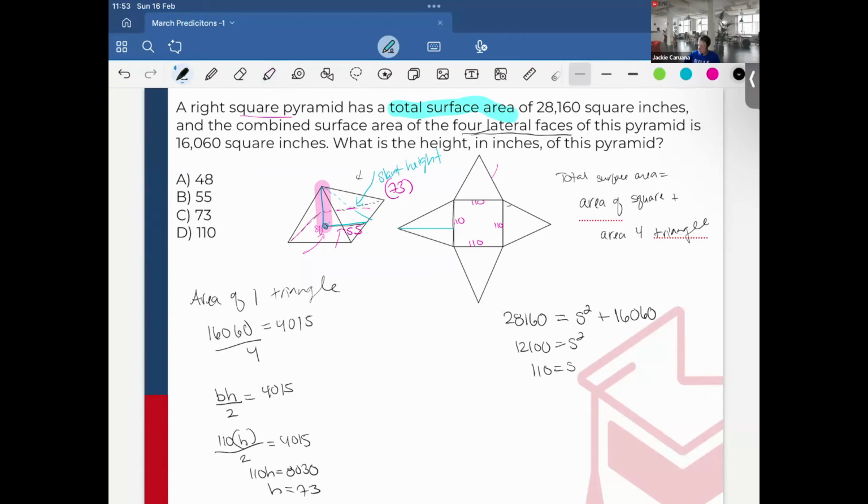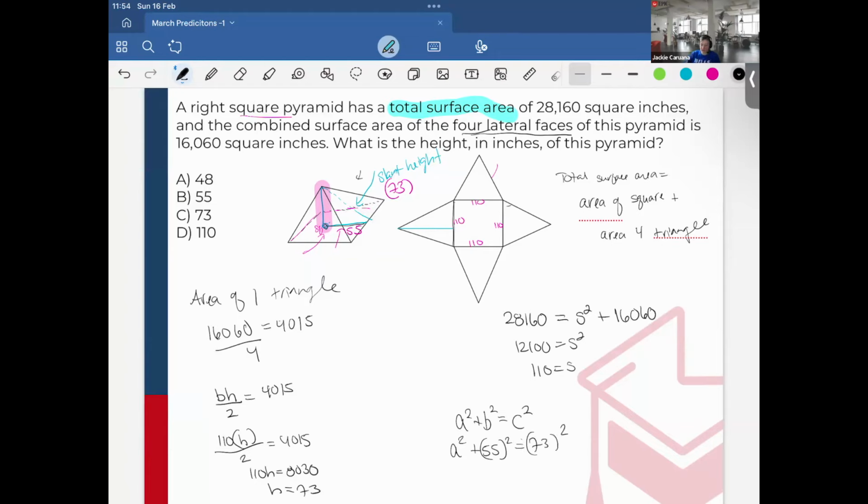My final step then is to do just that: a squared plus b squared equals c squared. A squared is what I'm solving for. B squared is 55 squared. And c squared is our slant height, which we established is 73 squared.